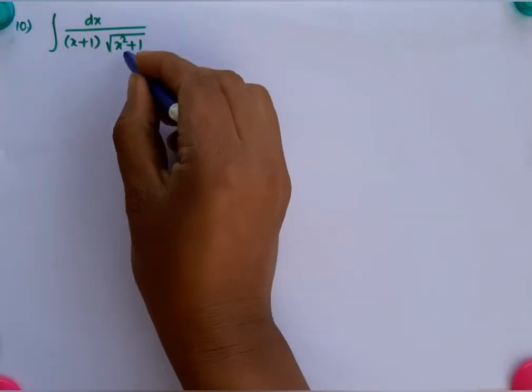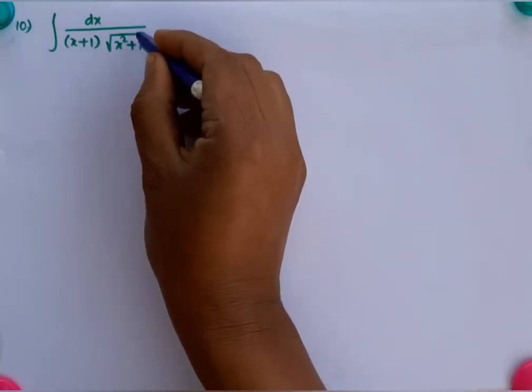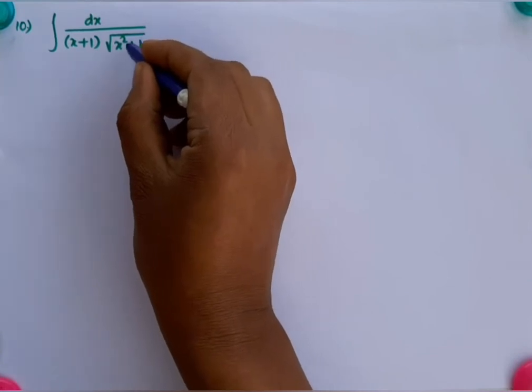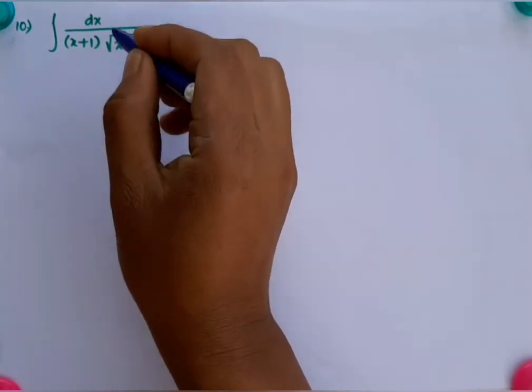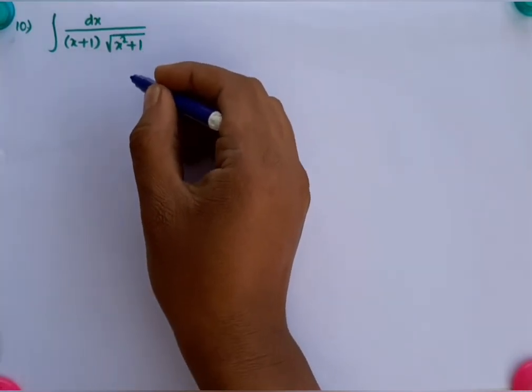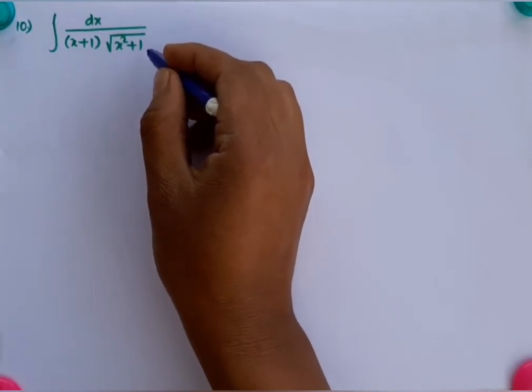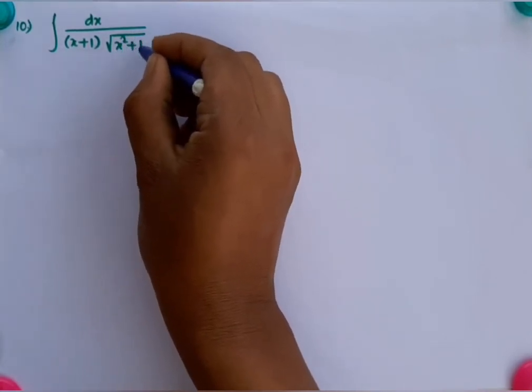Now this particular question is again falling under the same category, category D, or the fourth category. If you pay attention here, within the square root we don't have linear, that is cx plus d. Instead we have cx square plus dx plus e. Within the square root sign we have a quadratic expression.